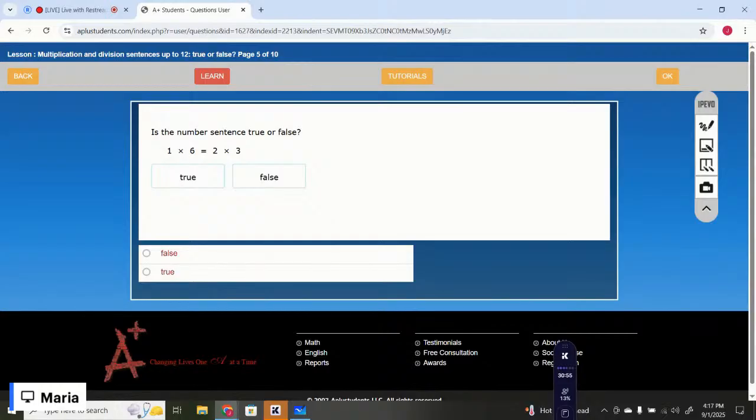Is the number sentence true or false? 1 times 6 equals 2 times 3. True, it is. Option number 2 is the correct option.